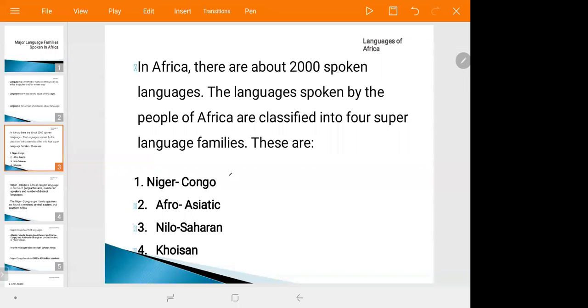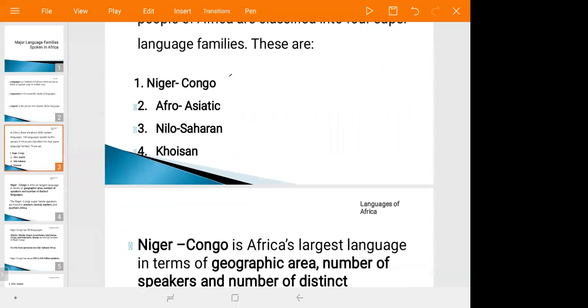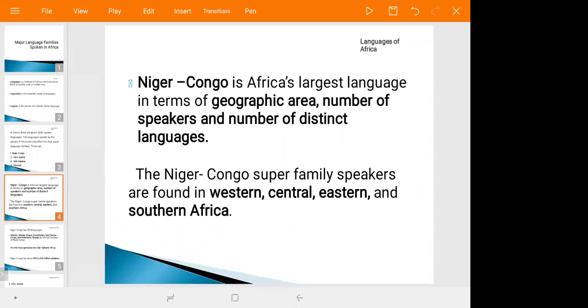Niger-Congo, Afro-Asiatic, Nilo-Saharan, and Khoisan. The first one is Niger-Congo. Niger-Congo is Africa's largest language family. Largest in terms of what? Number one, geographic area.